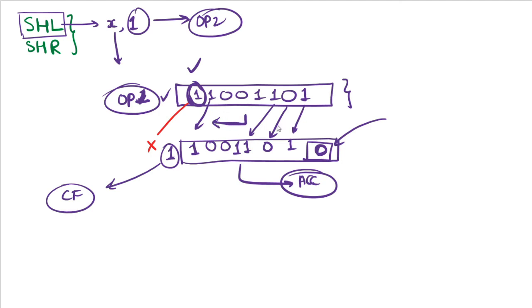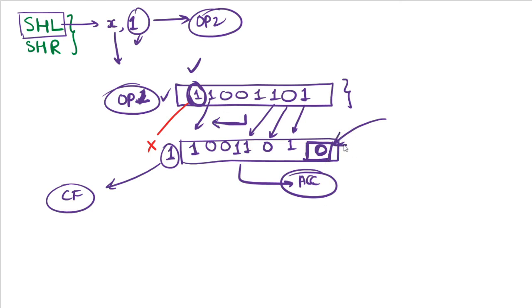When we shift each bit by operand 2 number of bits, there will be some slots left blank on the right.